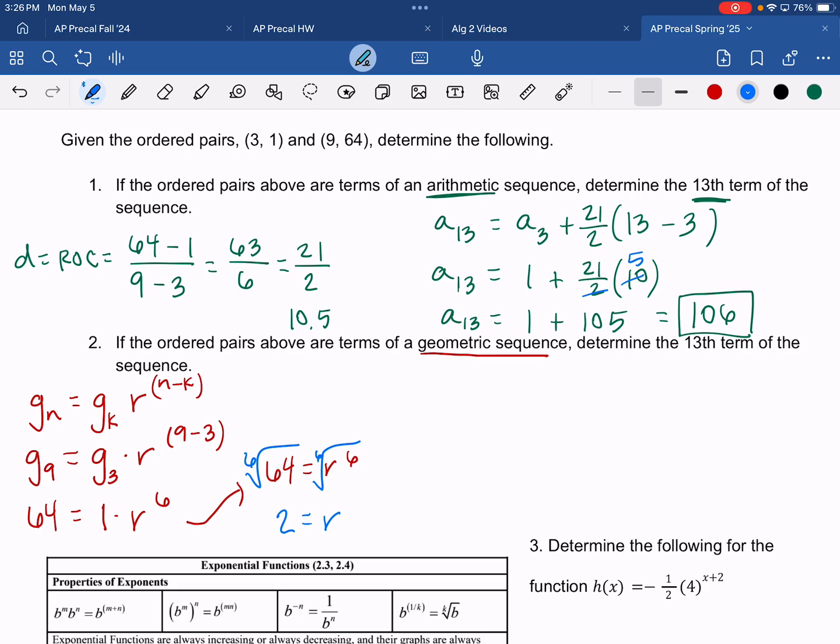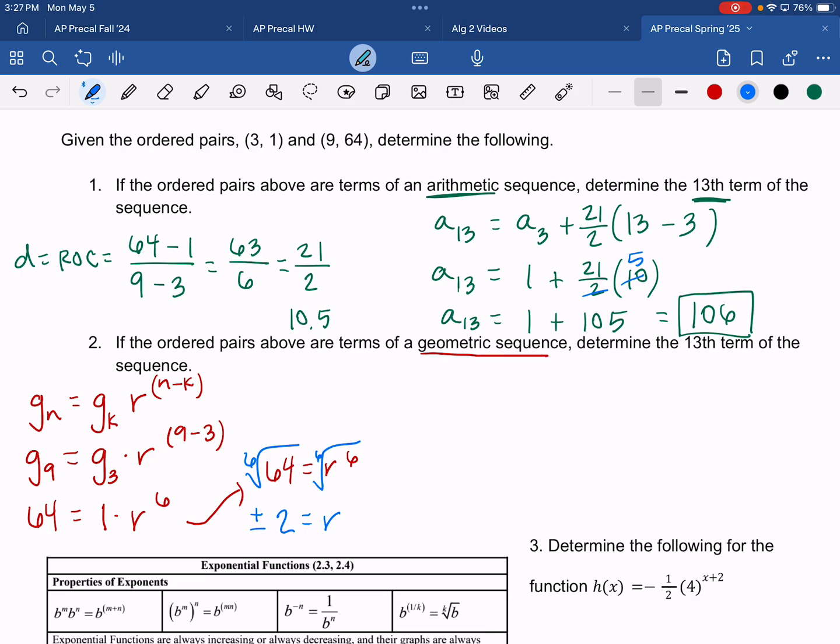If we take an even root, though, what does that mean for the common ratio? We took the 6th root. Yeah, technically, it could be positive or negative too. We don't really know because ours started with a positive and then 6 terms later ended positive.